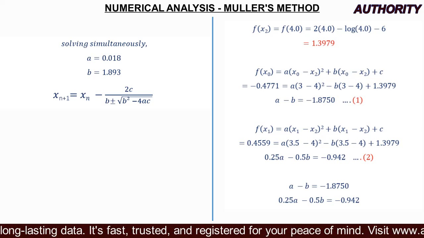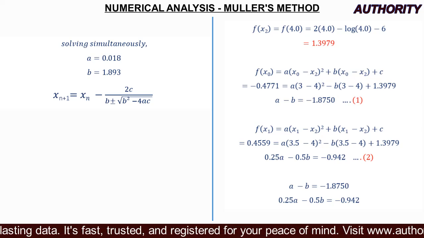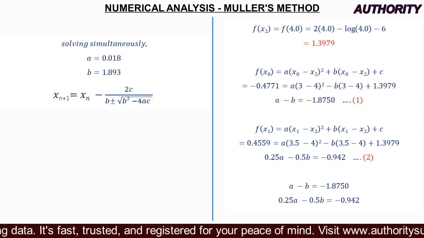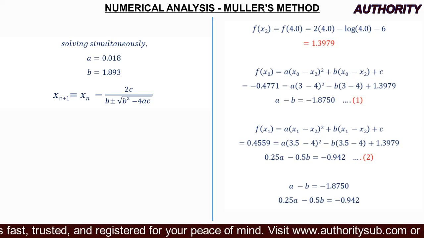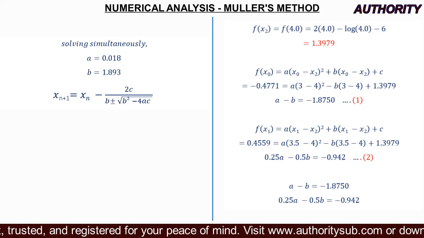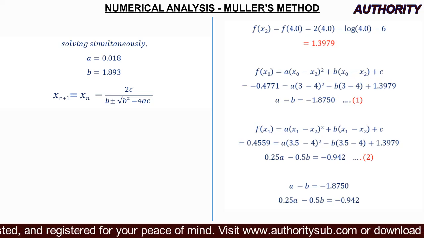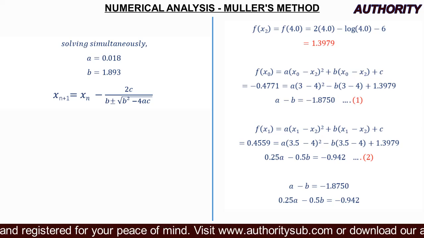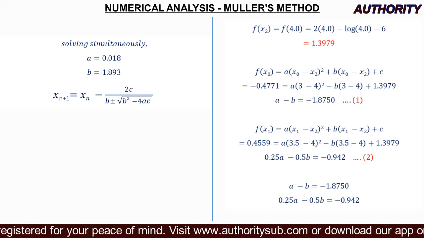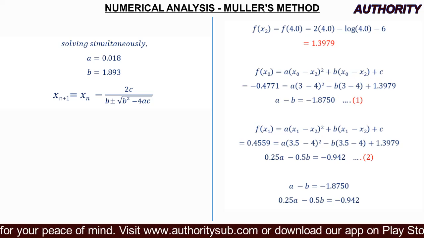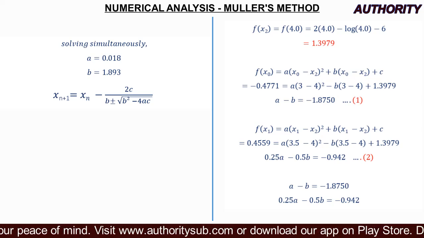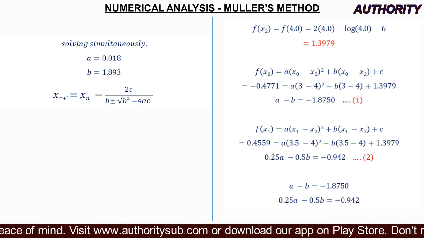If we have one starter, which is x0, the n is going to start from naught, which is 0. In this case, we have three starters: x0, x1, and x2. So our n is going to start from 2, the last starter.